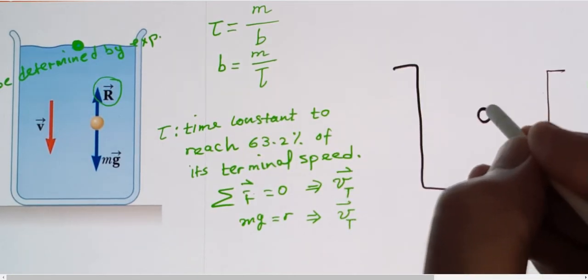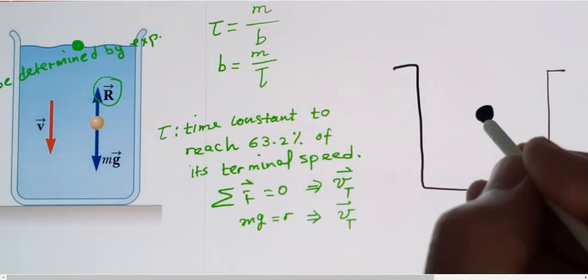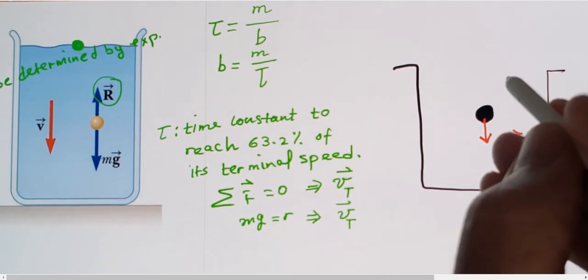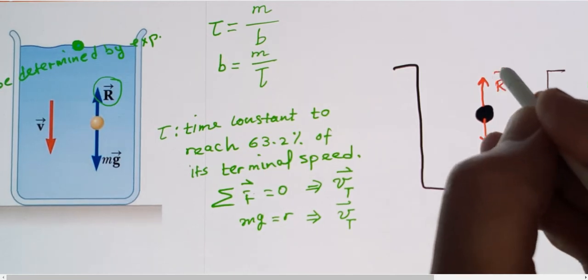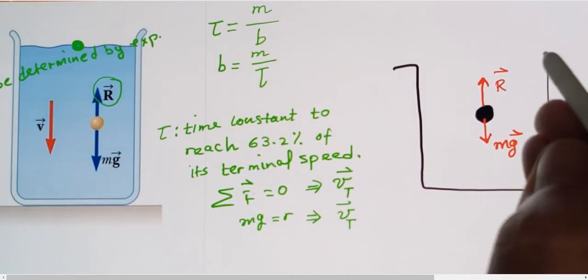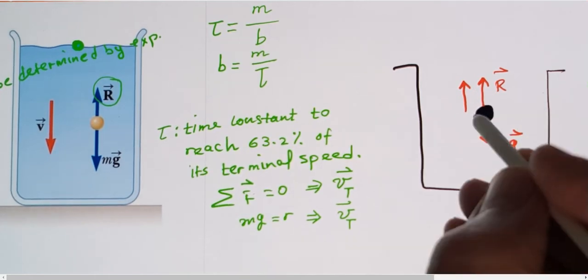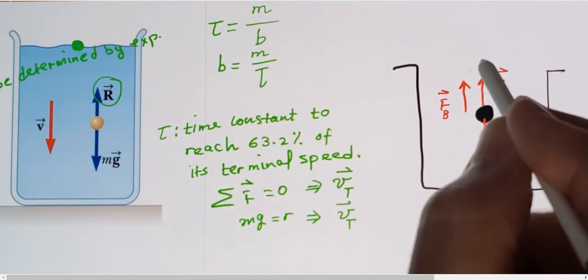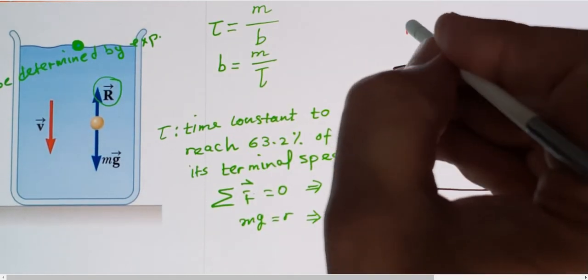So here is our sphere. mg pointing in this direction, and we have R resistive force pointing in this direction. And also we have a buoyant force. We call it F buoyant, also pointing up.